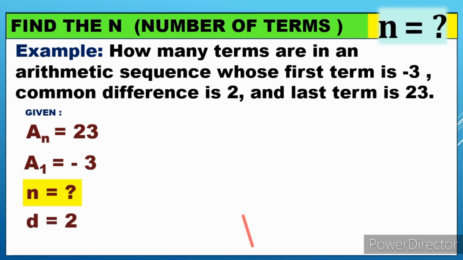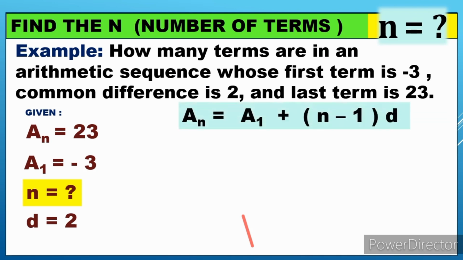So again, we're going to substitute these values to the formula. We have now a sub n, which is 23, equals a sub 1, which is negative 3, plus n is unknown. So we have now n minus 1 times 2, which is the common difference. Okay, now let's simplify.